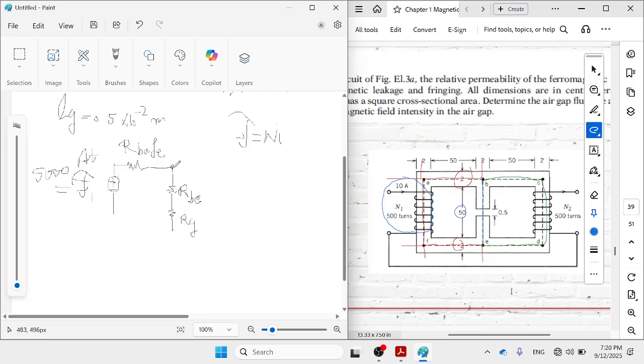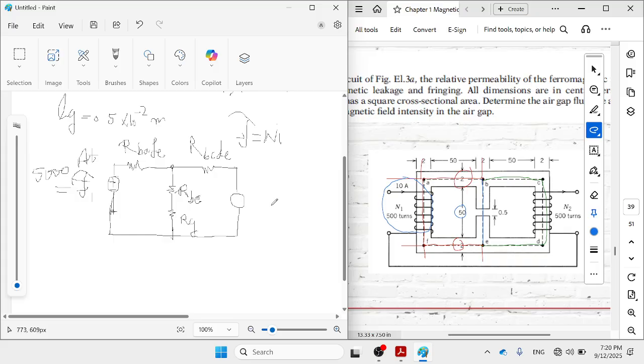The other side in the same way, we have a reluctance named BCDE. Then we have a source, still not sure about the direction, and then finish. That's all we have. These two are also connected, okay? So it means this is connected.